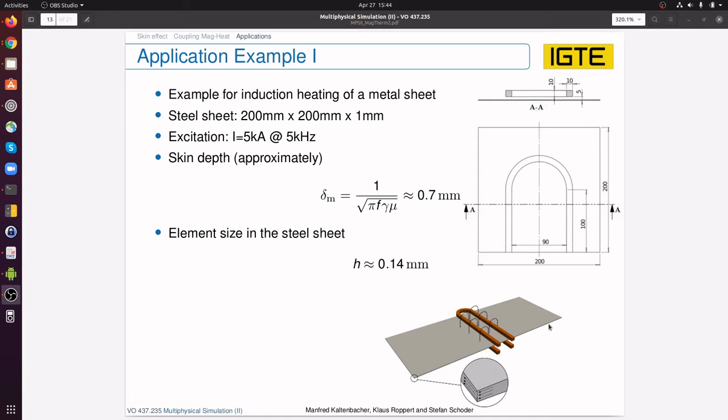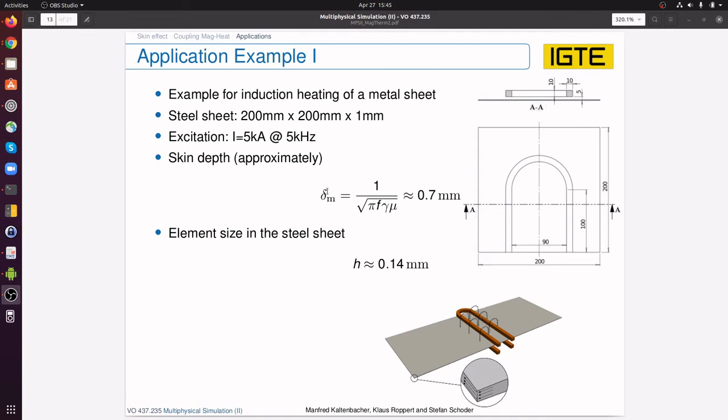The other side is simply mirrored, and I've already explained last time, this transversal setup simply means the resulting B field is perpendicular to the sheet surface, and this results in eddy currents kind of in the shape of the inductor. So simply think of this setup as mirrored. You also imagine the second part, and then the eddy currents have a similar shape as the inductor, so they're in plane of the sheet.